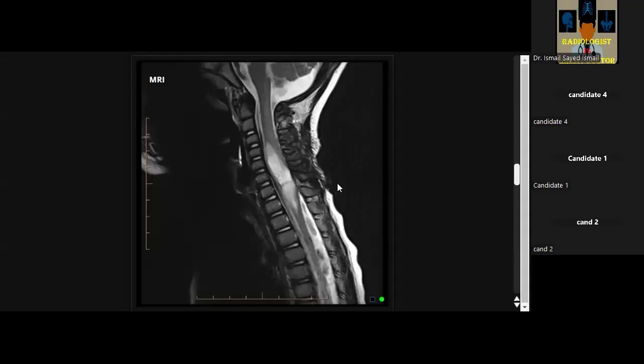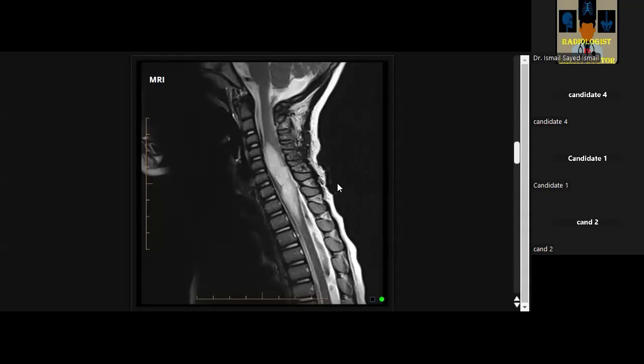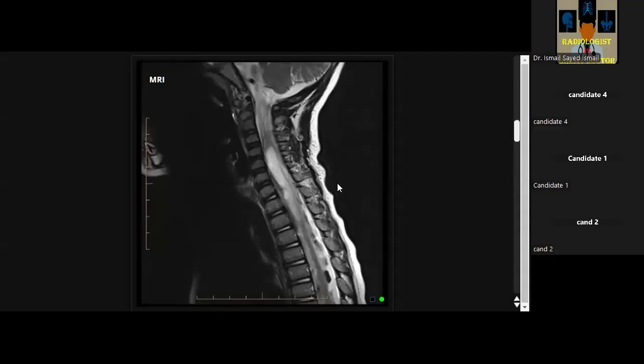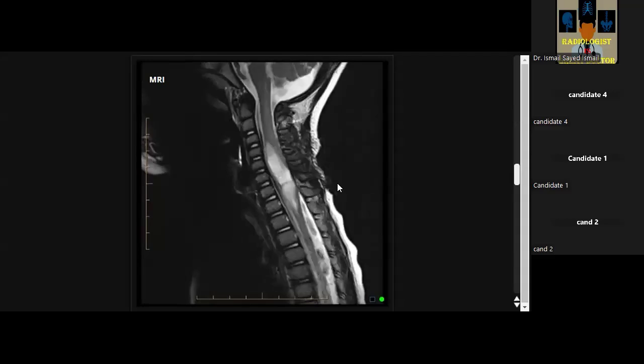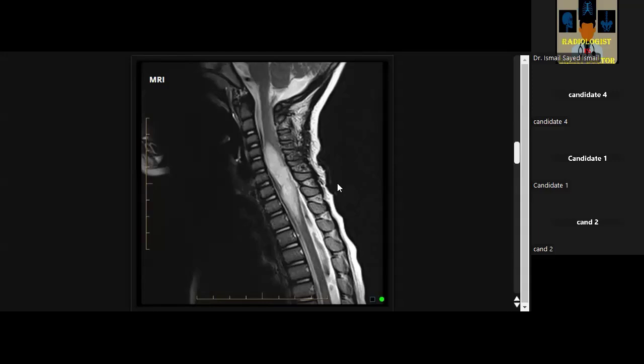My other differential would be ependymoma, but I cannot see any T2 hypointense hemosiderin cap. Any other differentiating features of ependymoma and astrocytoma? Astrocytoma shows slightly irregular or infiltrating margins, while ependymoma is well defined.